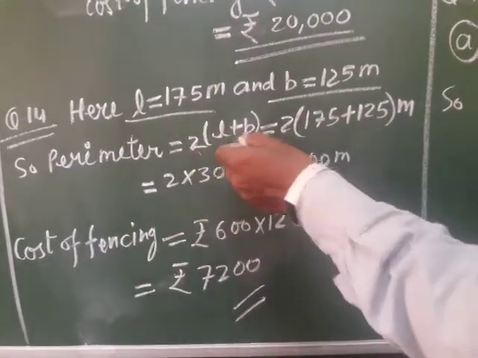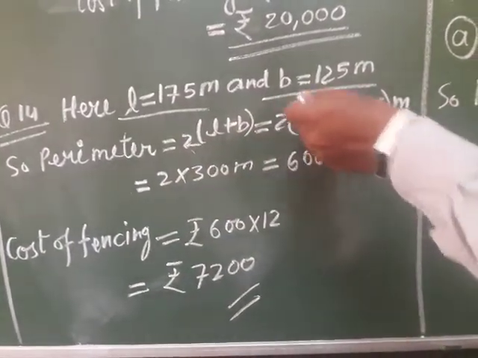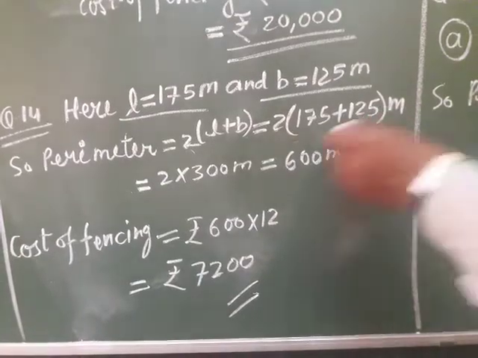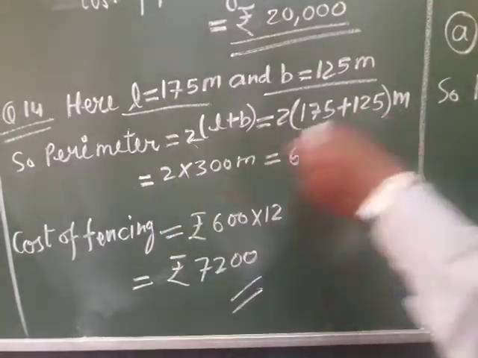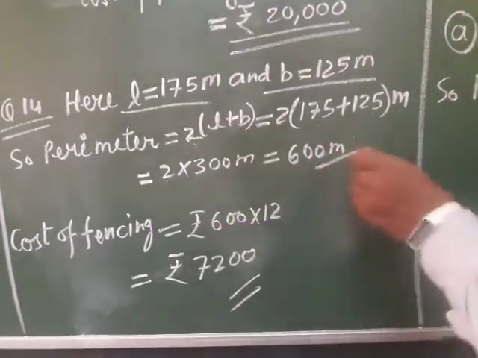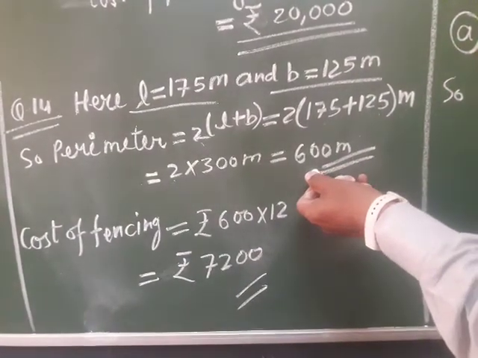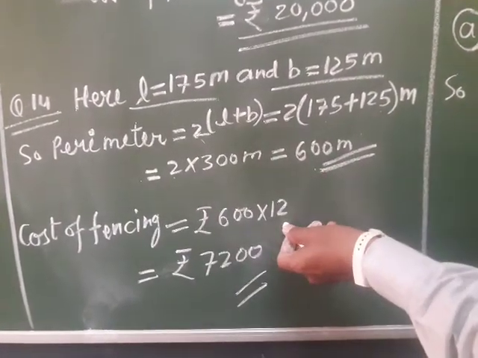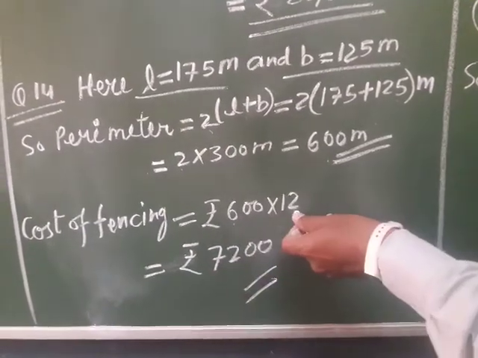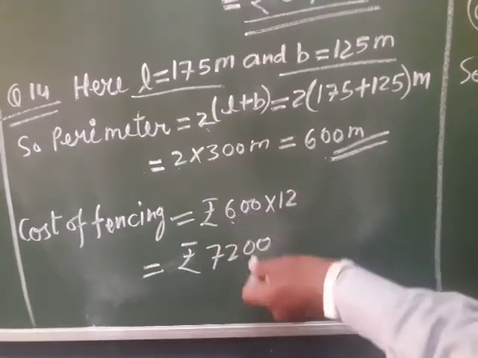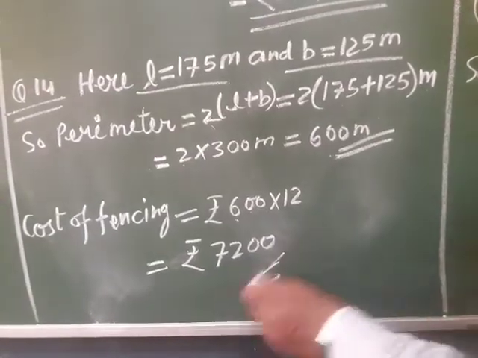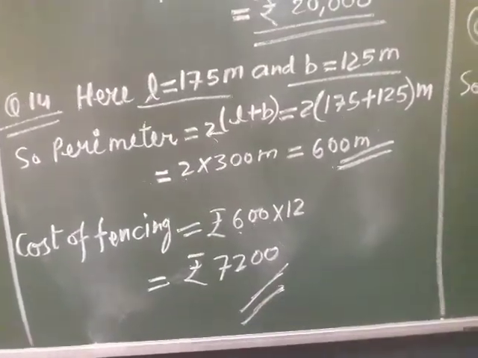Perimeter will be 2 into (L plus B), that means 2 into (175 plus 125), that means 2 into 300 meter, that means 600 meter. Now for the cost of fencing, we have to multiply 600 by 12 because the rate is given as 12. So 600 into 12, 12 times 6 is 72 and 0, that means 7,200 rupees will be the cost of fencing.